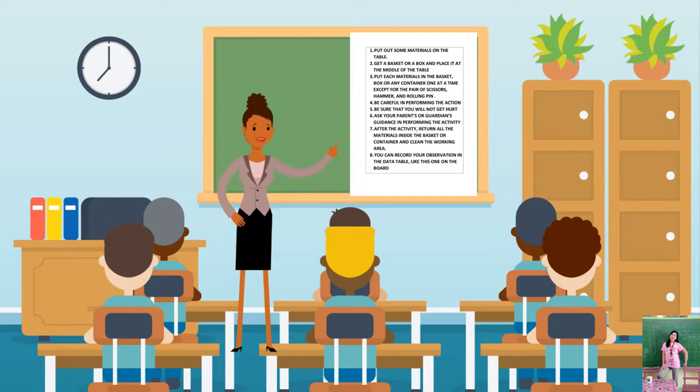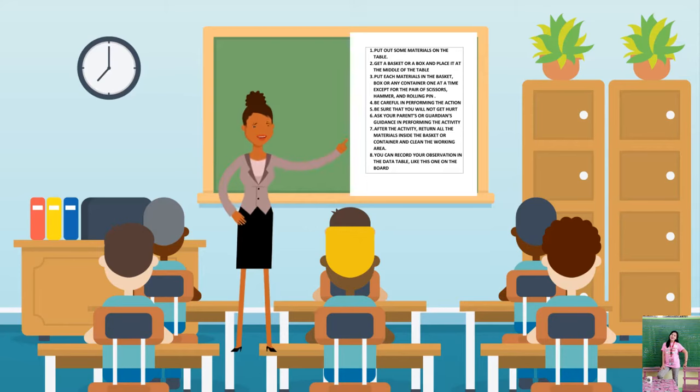Here are some reminders for the activity. Number 1, put some materials on the table. Number 2, get a basket or a box and place it at the middle of the table. Number 3, put each material in the basket, box, or any container one at a time, except for the pair of scissors, hammer, and rolling pin.